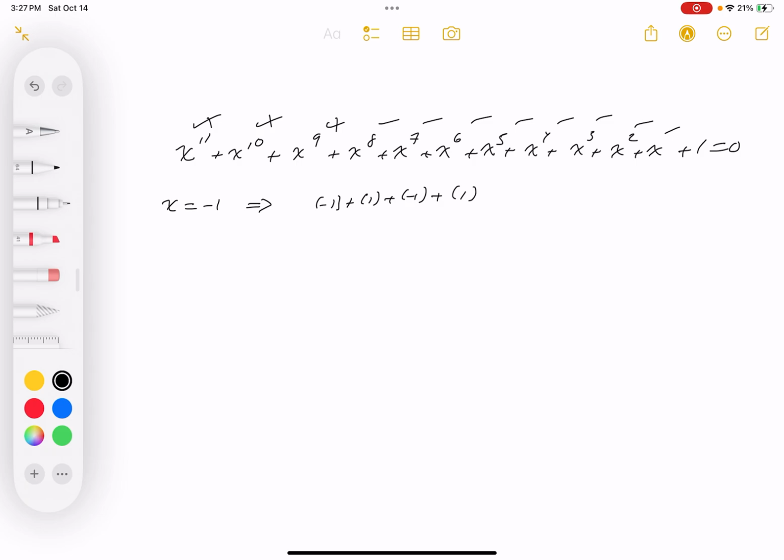Then minus 1, then plus 1, minus 1, plus 1, minus 1, plus 1, and then plus 1 in the end.